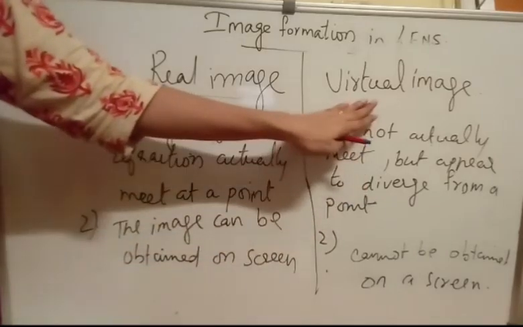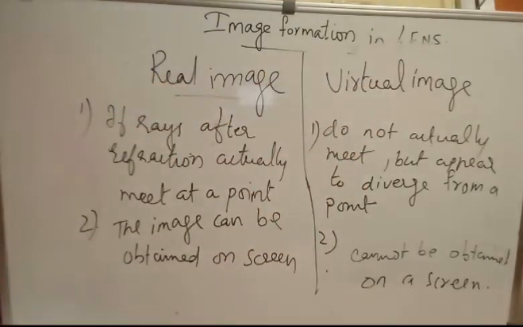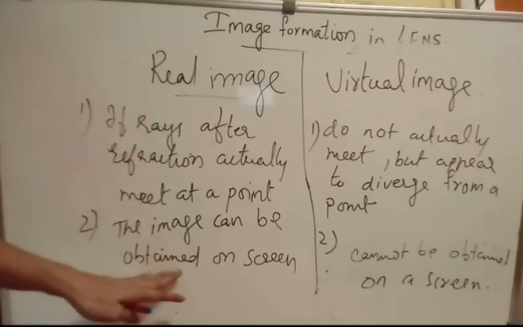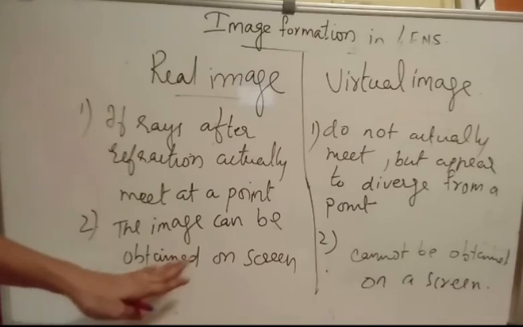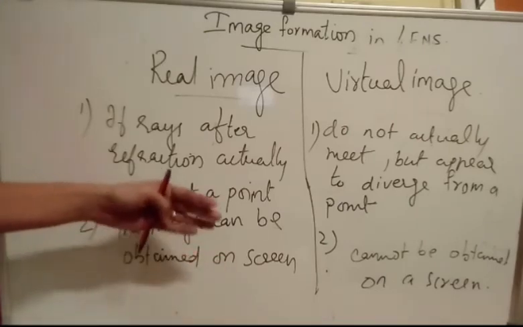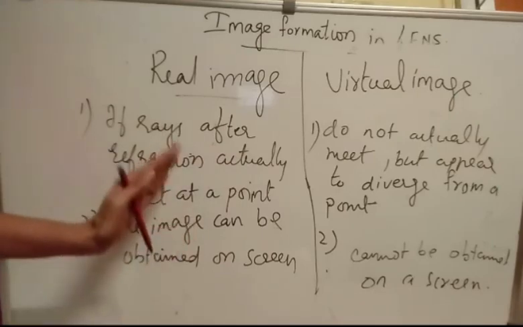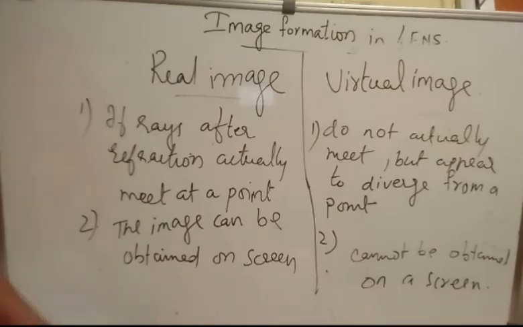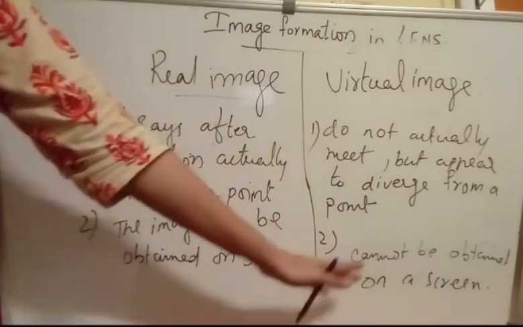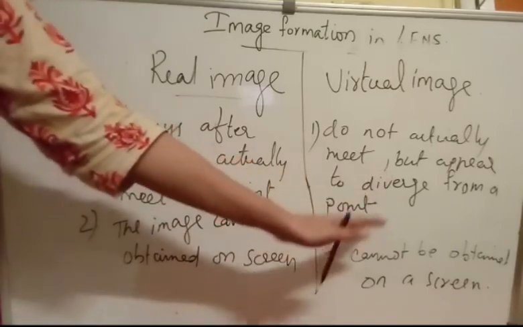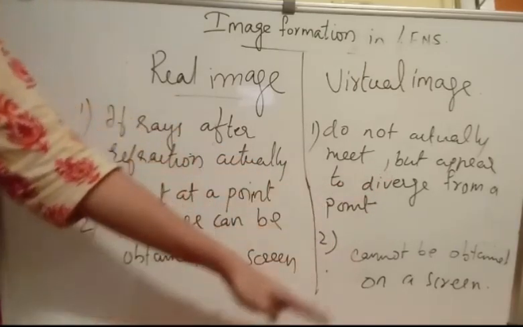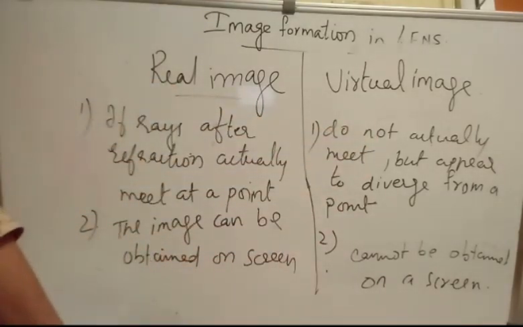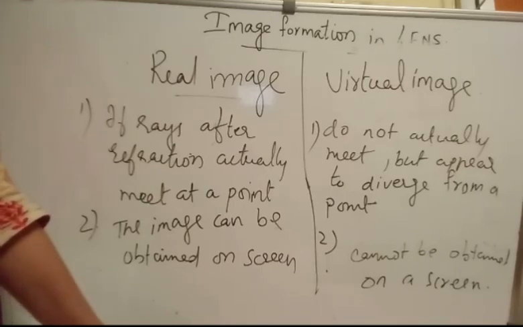A real image can be caught on a screen. If you place a screen at the point of intersection of all the rays, we will get the image of the object. But in the case of a virtual image, even if you place the screen at that position, we won't get any image. So virtual image and real image are the two types of images we get when light is refracted.